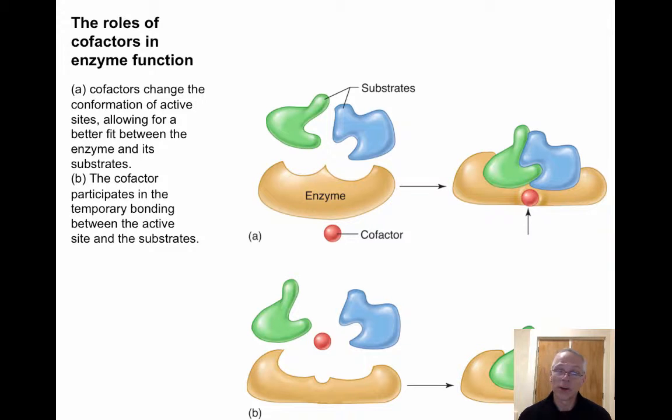Once the cofactor is bound, the enzyme goes through a conformational change, and now it can bind the substrates and do its job. If the molecule that binds to an enzyme prevents it from attracting and attaching its substrates, we would call that an inhibitor instead of a cofactor.